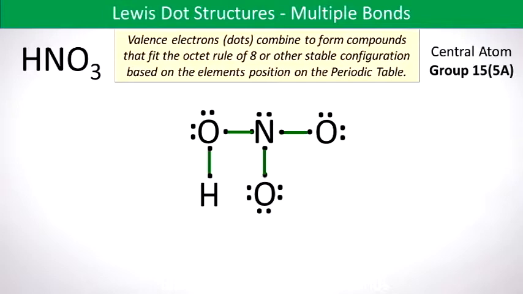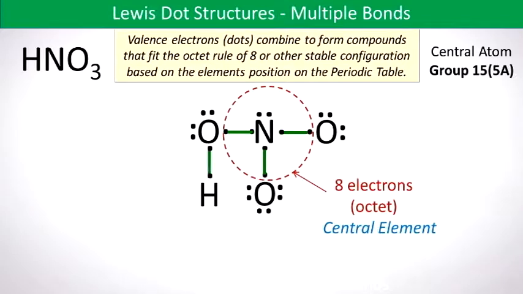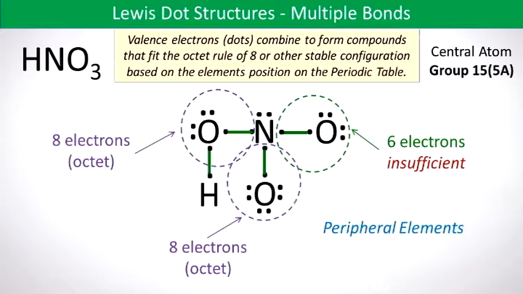Now, since all electrons are paired, we have to count electrons around each element. And when we do that, we discover that we have 8 electrons around the central atom of nitrogen with its lone pair. But when we look at the oxygens, only 2 of the oxygen atoms fulfill the octet rule. We like to also note that hydrogen is satisfied with its 2 electrons.